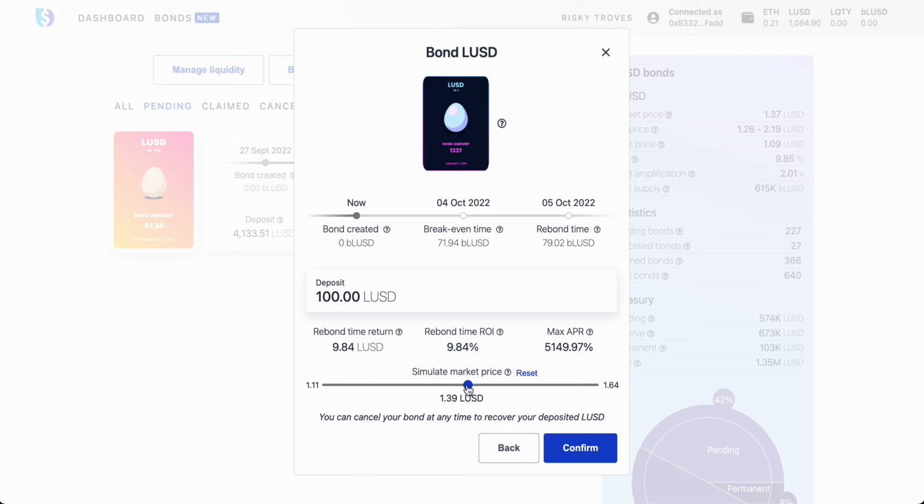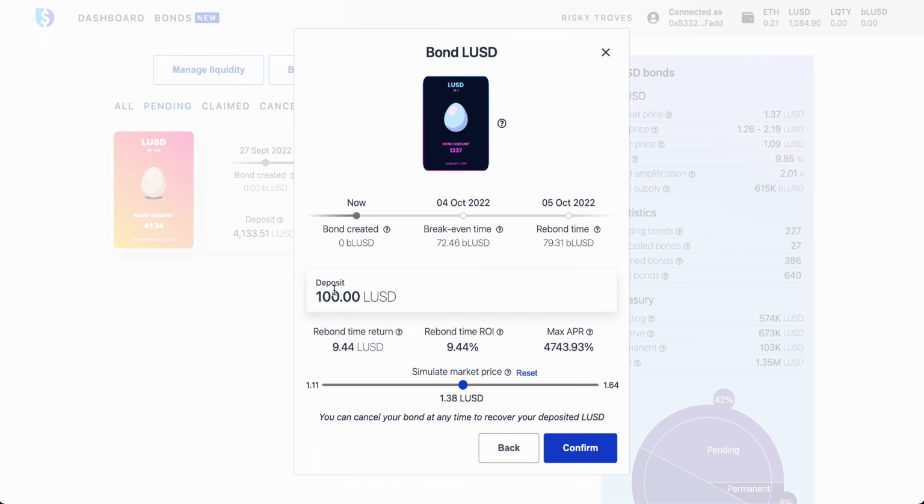So basically the time when you are in profit, or how long it will take to reach break-even. And you can just use that to play around with scenarios. For example, if you think that the current price is too high or too low, you can change that here with the slider. And once we are happy with sliding around, we can go and confirm the bond.